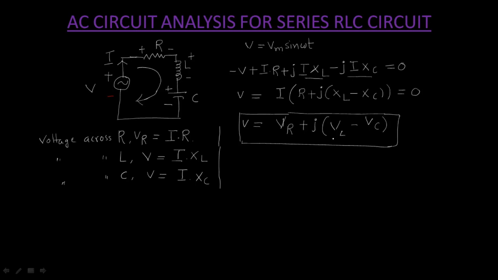And if you observe here, VL is positive j and VC is negative j.